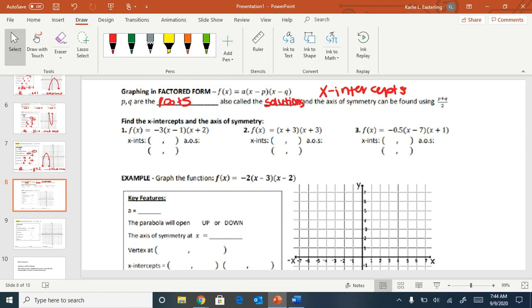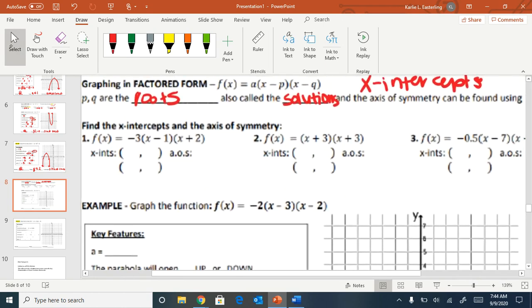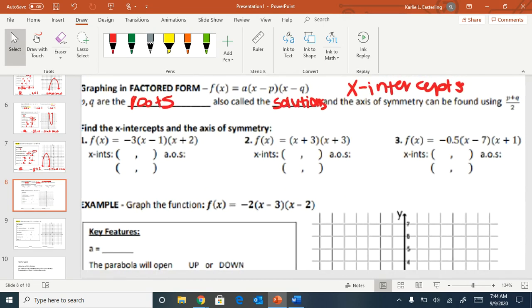All right, so I'm going to zoom in a little bit more so we can get down here. So remember, we can find our axis of symmetry, which is also the x point of our vertex, by using p plus q divided by 2. So we're looking at number 1, f of x equals -3 times (x minus 1) times (x plus 2). For that axis of symmetry, remember the form, we have those negatives.